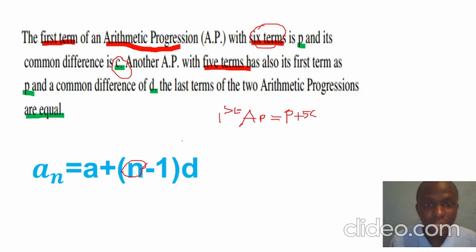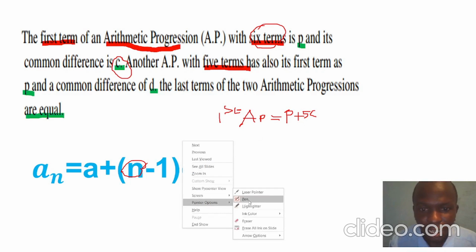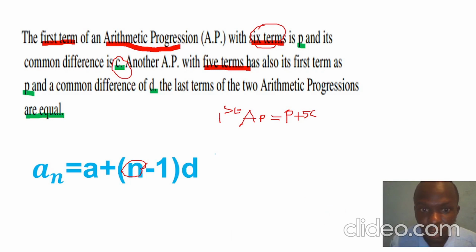Let us now look at the second AP. The second AP is equal to, they have the same first term P. But the second AP has a common difference D, not C. So that is P plus, but how many terms?